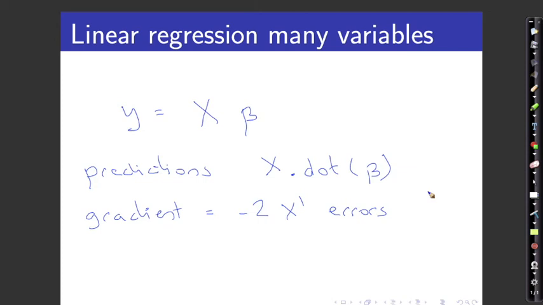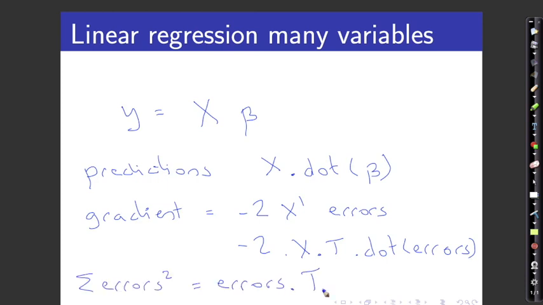In Python, this can be written as -2 x dot T dot errors, where the dot T is the transpose operator. And finally, the sum of the squared errors can be written as follows: errors transposed dot errors. That's really all we need in order to implement gradient descent in Python.